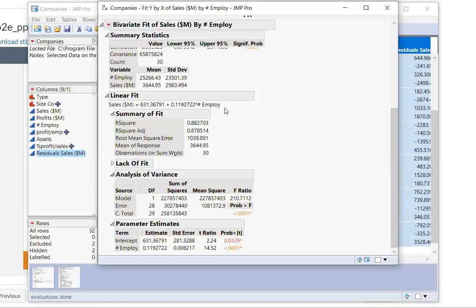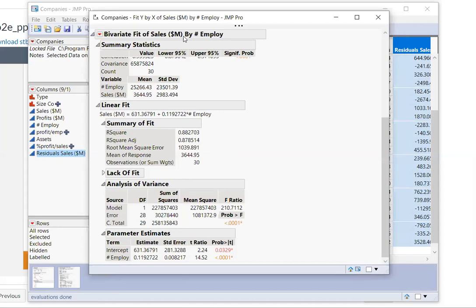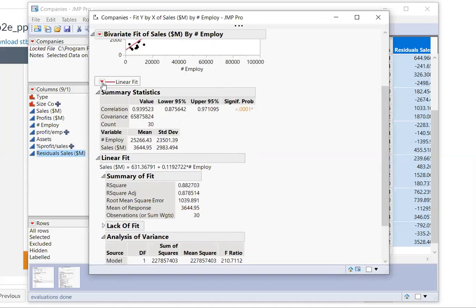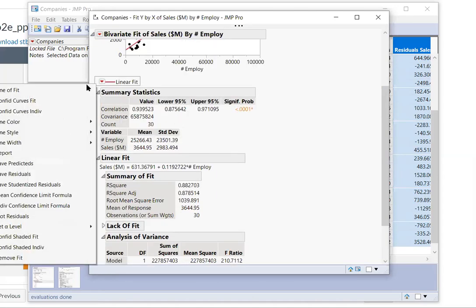Other things, do we need to check other things? Yes, we need to check normality of residuals. So I need to take residuals out to do that. Red triangle of linear fit, save residuals.